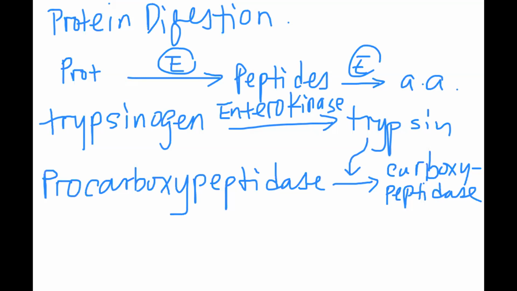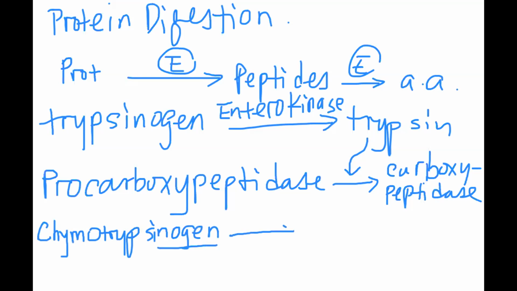Okay, there's another enzyme from the pancreas. It's a protease. It's called chymotrypsinogen. Okay, now the "nogen" right here is inactive.